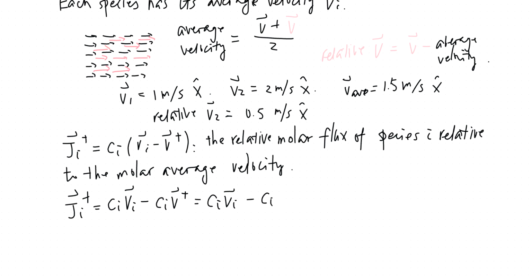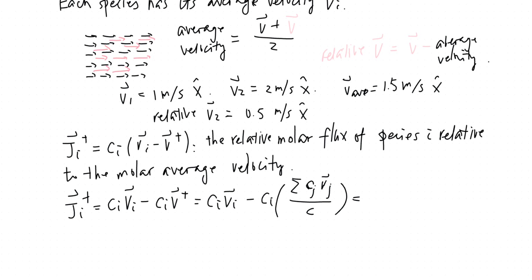In the V dagger, by definition, it is the sum of C_j V_j divided by C. And you can see that if you take C out of these, you have C_i divided by C. But let's look at the first term, C_i V_i.